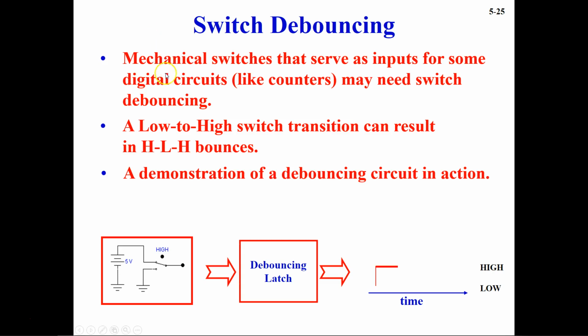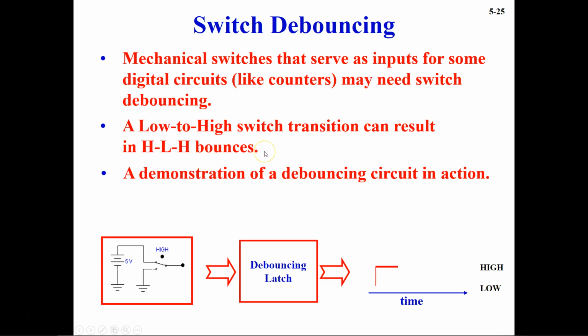Now next we have switch debouncing. So let's read here. It says mechanical switches that serve as inputs for some digital circuits like counters may need switch debouncing. A low to high switch transition can result in high, low, high bounces.